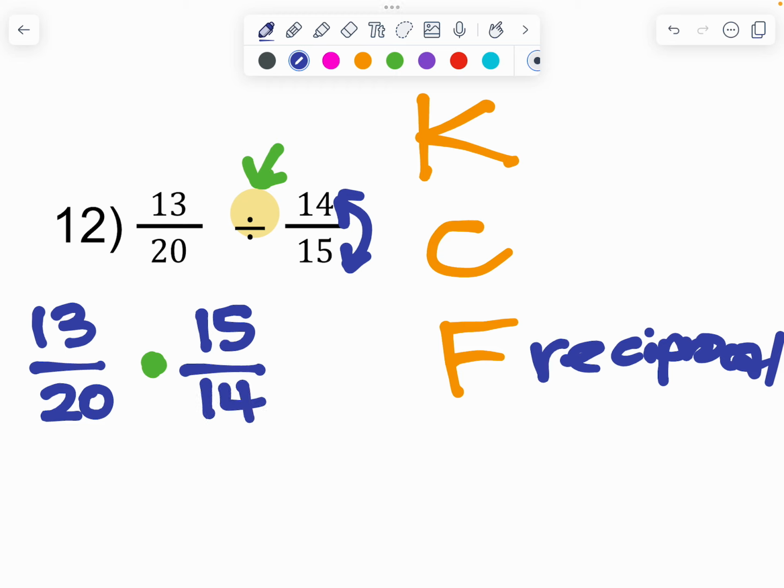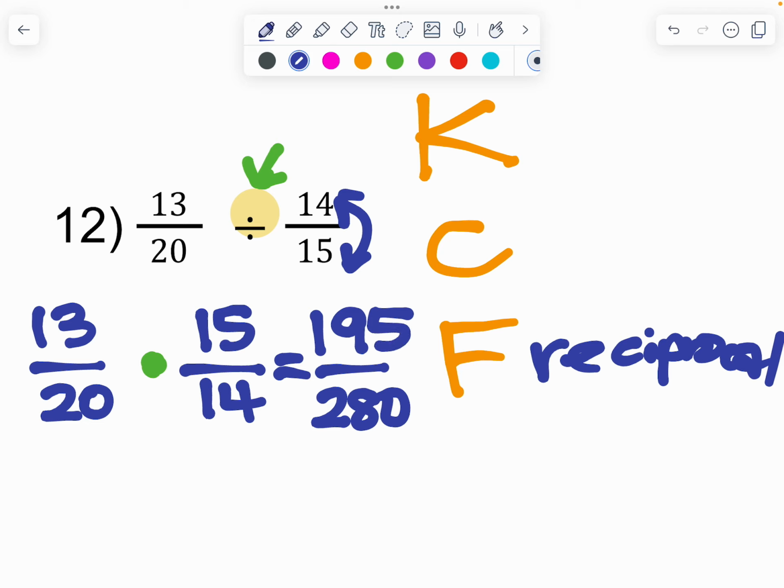Now, if you're looking for a challenge, I would highly recommend cross-canceling that 15 and 20. But I know a lot of you don't like it, so here we go. This is 280 in the denominator, which is huge. And I'll tell you right now, this is 195. Use your multiplication chart. That one's pretty big. And then I know that 5 goes into 195 and 280.